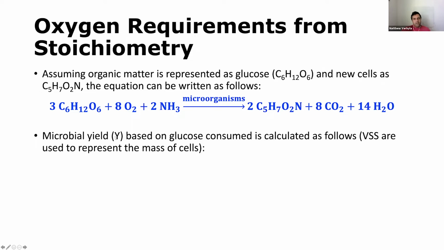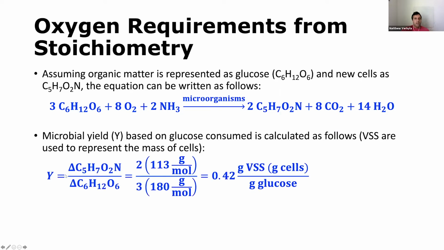Microbial yield, which we represent using the variable Y, based on the glucose consumed can be calculated as follows. And we're going to use volatile suspended solids as a way to represent the mass of microbial cells. All right, so yield is a representation of the mass of microbial cells produced per mass of glucose being consumed in this case.